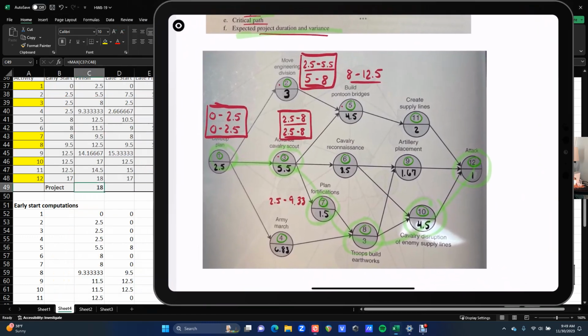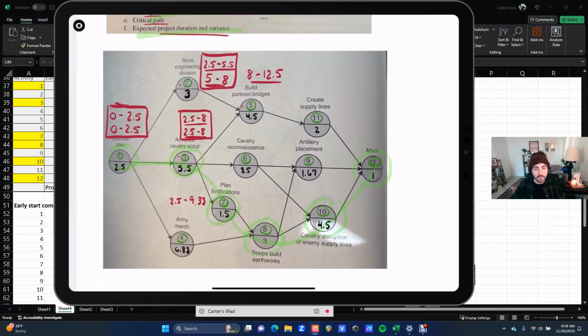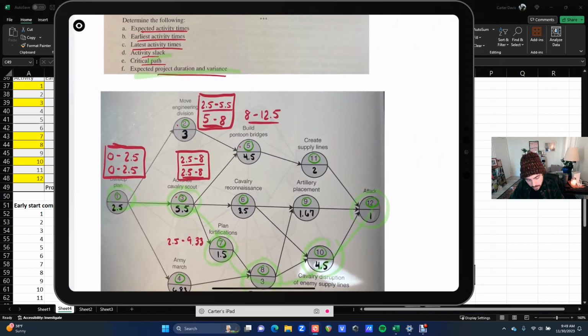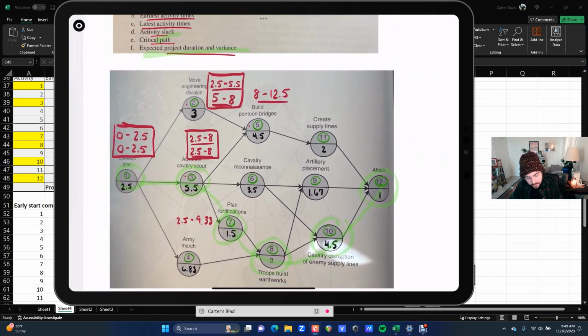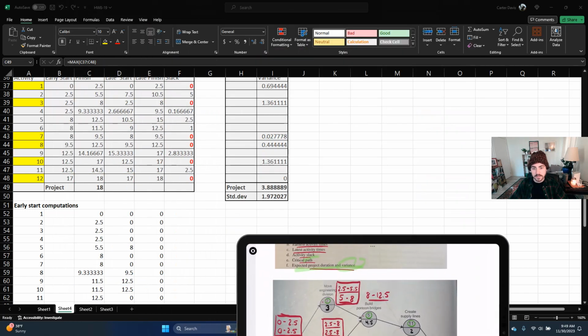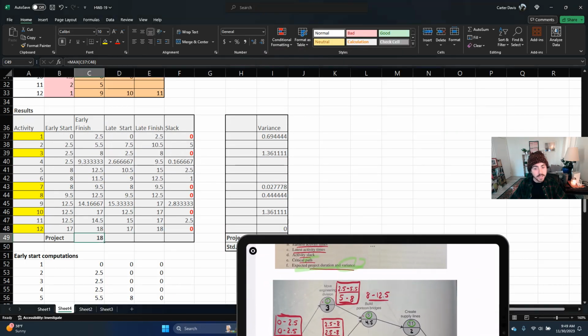So again, the project time comes from the time it takes to complete the critical path, the expected project time for the critical path. And then variance, I believe, is just going to be a sum of the variances of the critical path activities. And they actually did that right here.